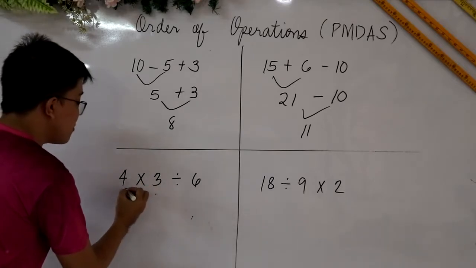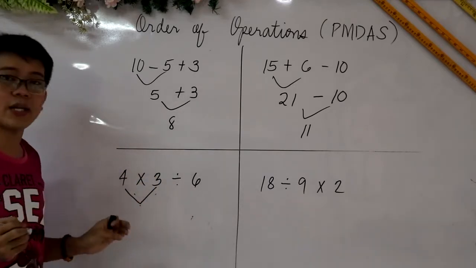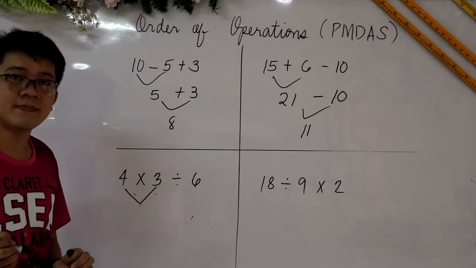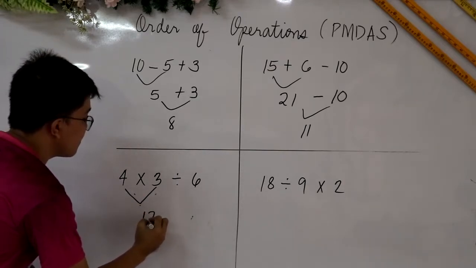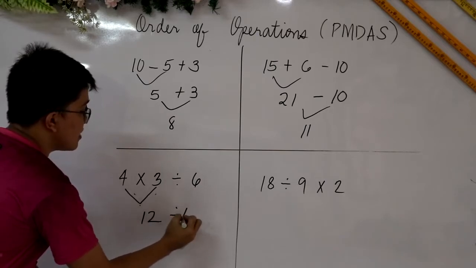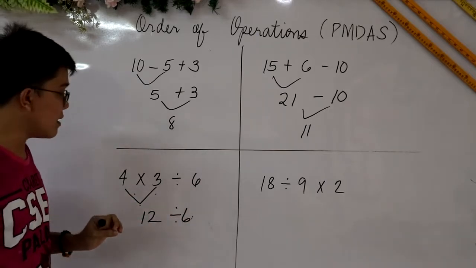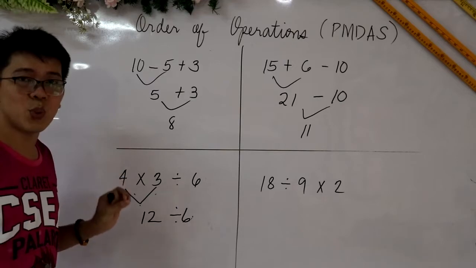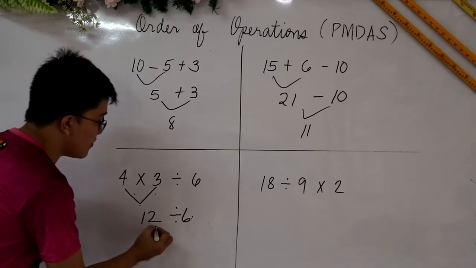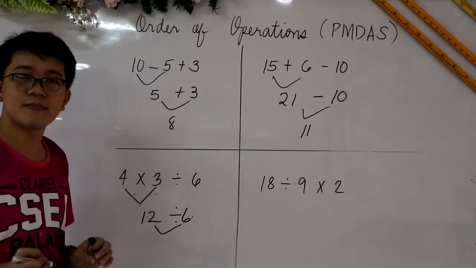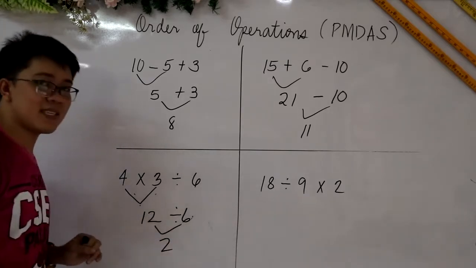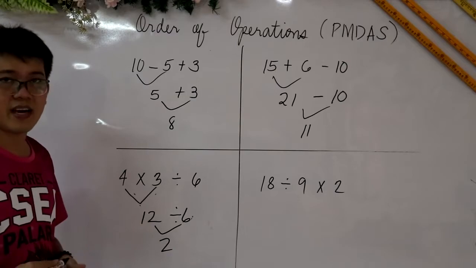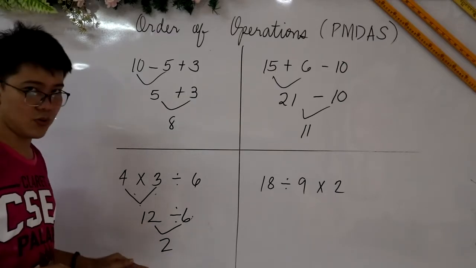So we will multiply first. What is 4 times 3? Correct. It's 12. Bring down divided by 6. Now after multiplying, we have to get the quotient of 12 and 6. What is 12 divided by 6? Definitely it's 2. Therefore, we say that 4 times 3 divided by 6 is 2.